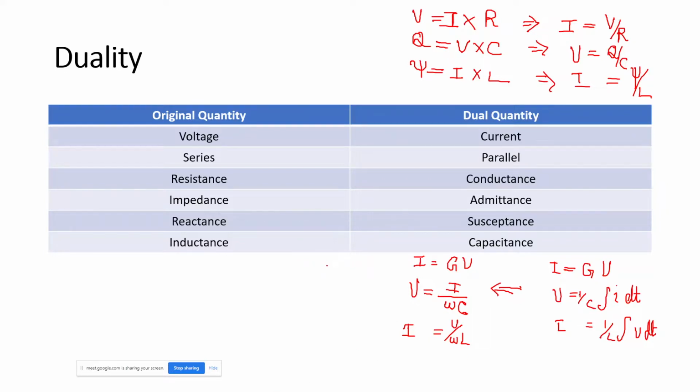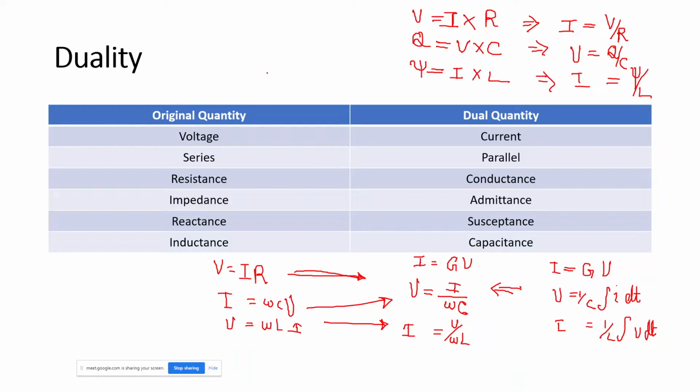Okay, so now comes the fun. You have these relationships wherein we used to write V equals IR, I equals omega C into V, and V equals omega L into I. This basically gives the dual circuits.